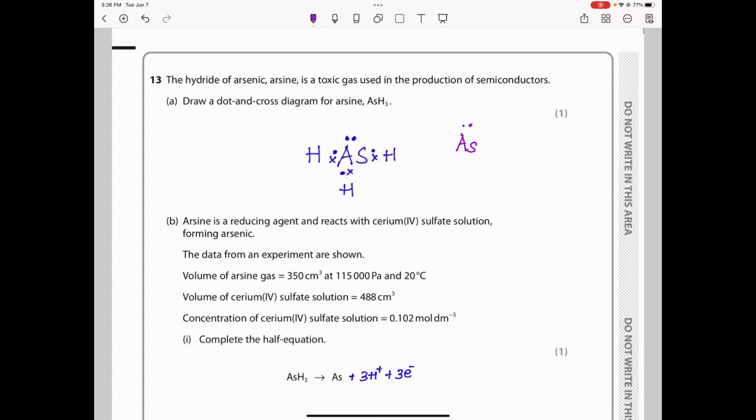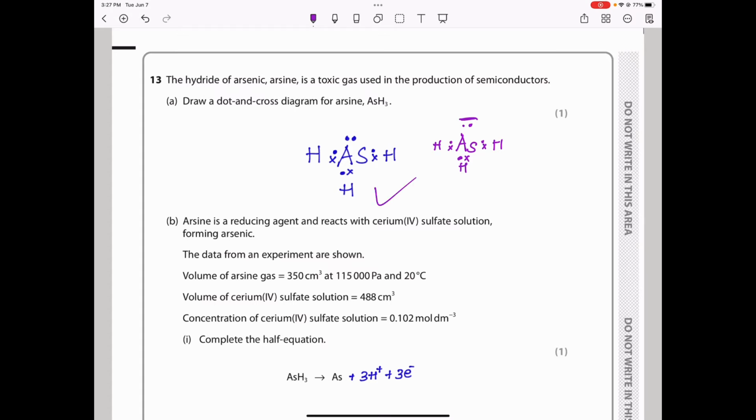So this is going to be group 5. We find 5 electrons in the outer shell, so position the X. Of course, these are the bonds it has formed with hydrogen: 1, 2, 3, and now we have a lone pair left here. Remember, this is a dot and cross diagram. We position the outermost electrons on As, arsenic, as well as the hydrogens. That's all that is needed.